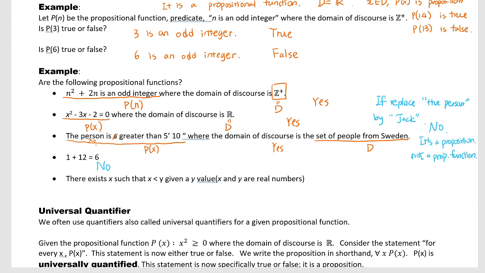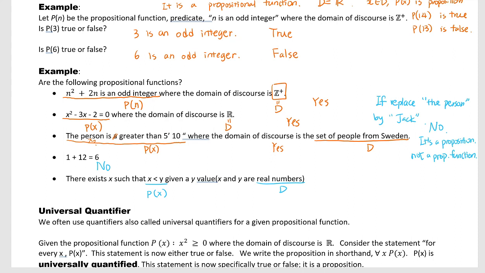Okay, next. There exists x such that x is less than y, given a y value. So x and y are real numbers. Okay, so how do we say that? P of x is x less than y, and the domain is real numbers.